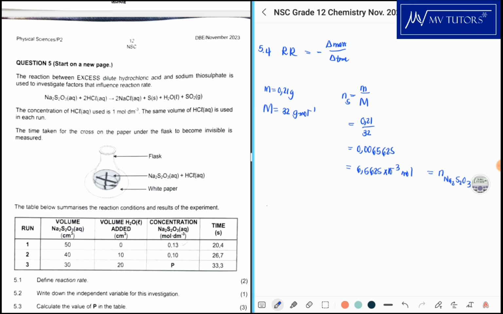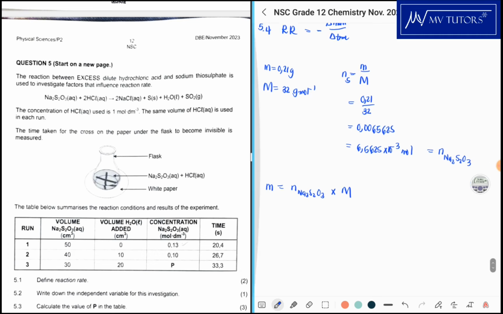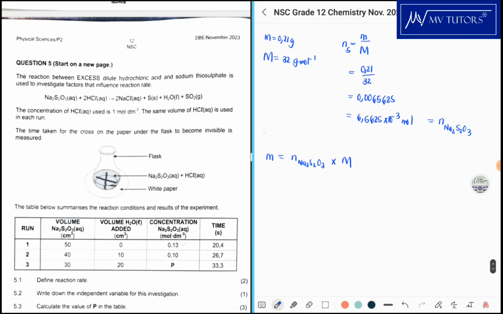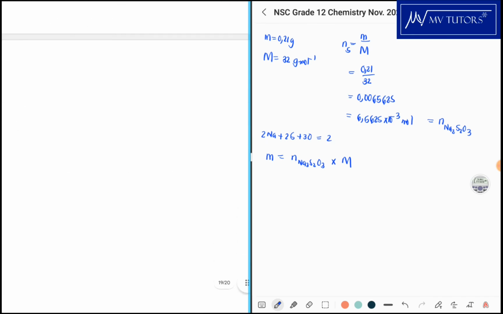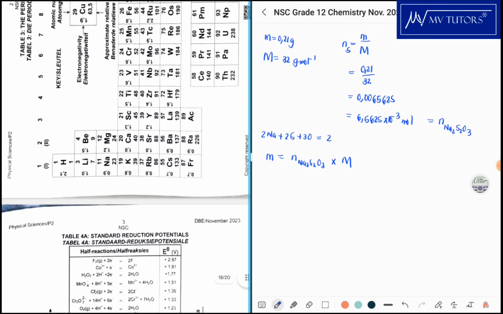The number of moles is mass over molar mass, so the mass will be the number of moles of sodium thiosulfate multiplied by its molar mass. Now we need to get the molar mass. So we have 2 of the sodium plus 2 of the sulfur plus 3 of the oxygen. Sodium is about 23.